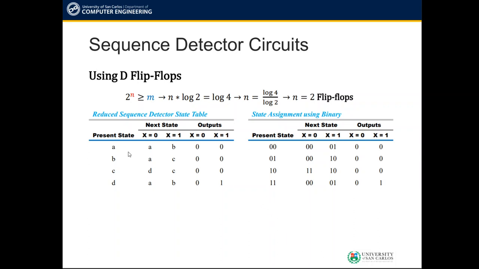Since we have 2 flip-flops, we have 2 bits in our state assignment. So A is 00, B is 01, C is 10, and D is 11. On the left side is the summary from the previous, and the right side is the equivalent using the state assignments.